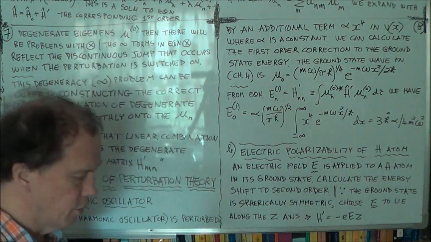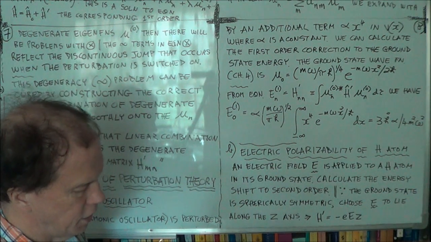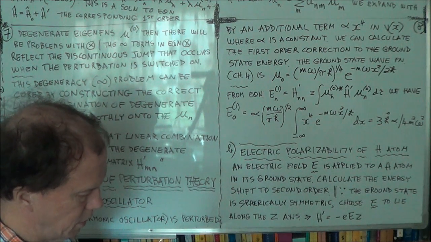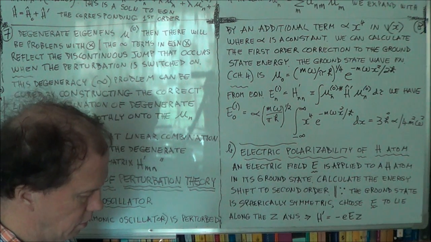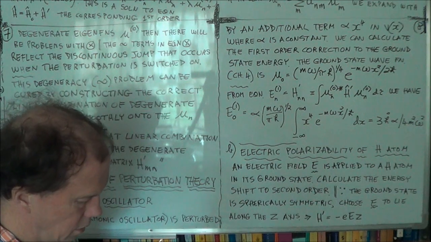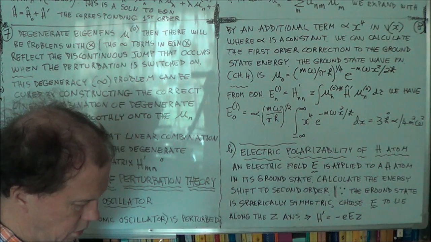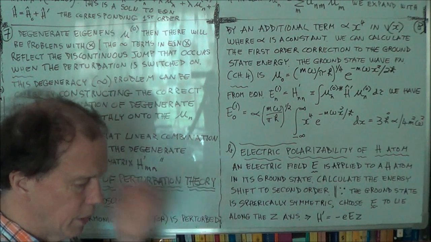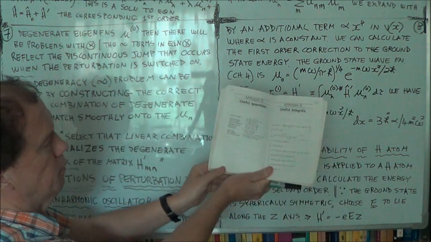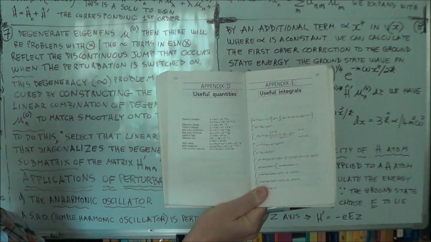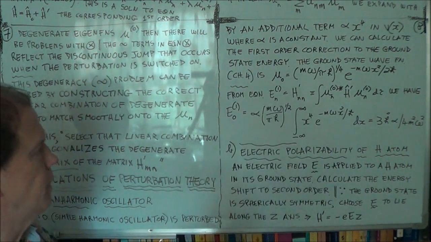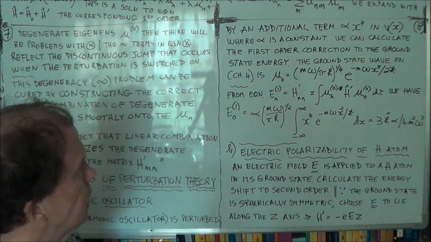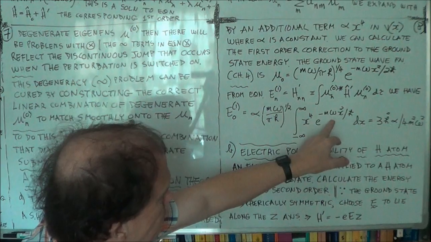There's a table of integrals in one of the appendices in the textbook. Was it D? Let me just check. Appendix E, useful integrals. So x to the fourth, e to the constant times x squared.